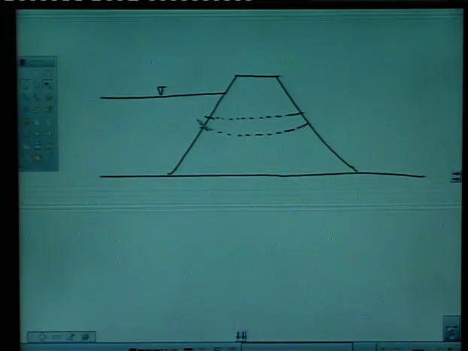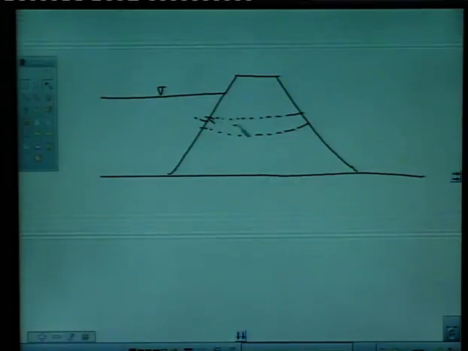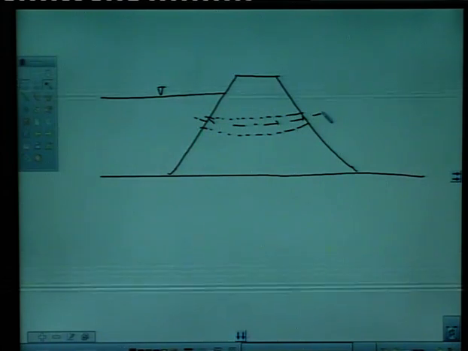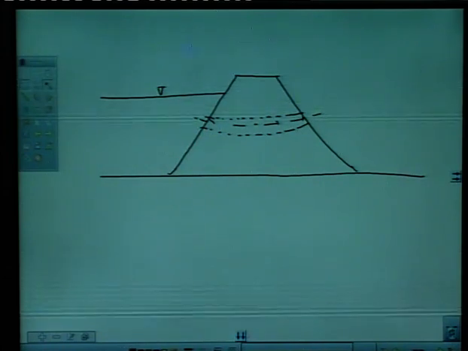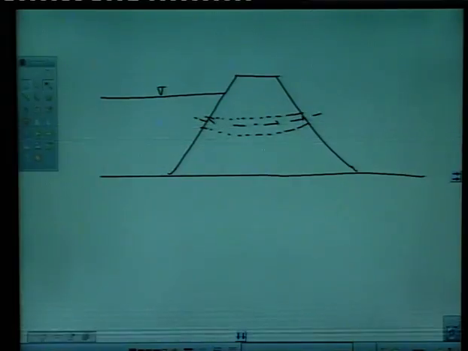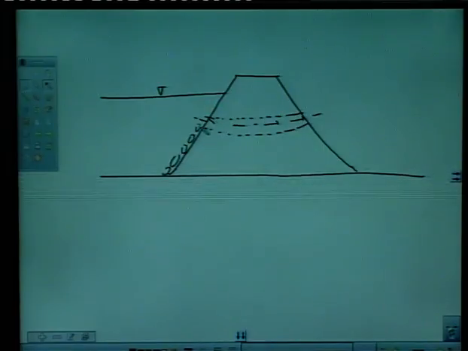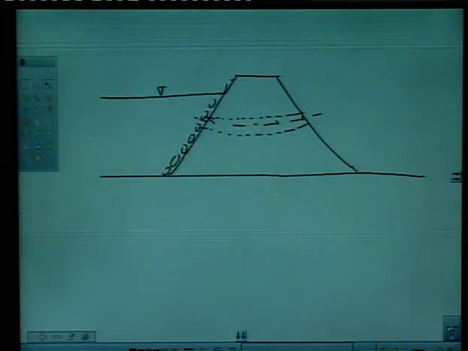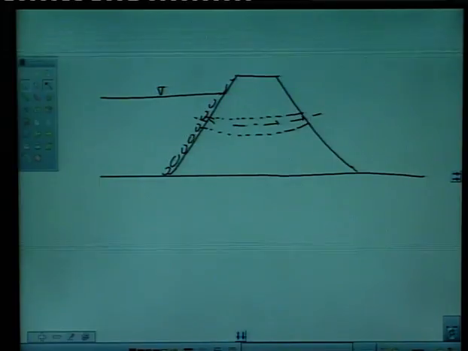So, water is just coming out at some breaches. This also damages the dam structure. So, we are to be careful, pitching of the upstream face should be there, so that this type of thing is minimized.